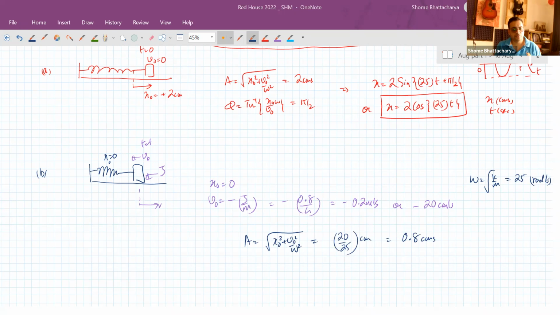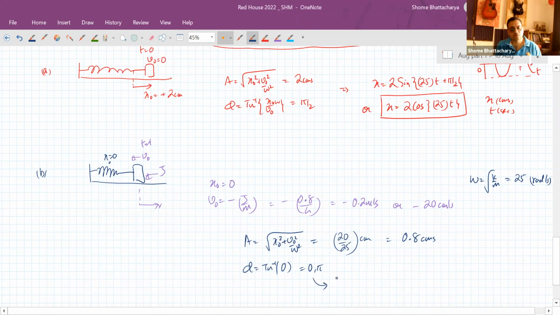And the phase constant becomes tan inverse of 0, which could be either 0 or pi, but in this case, v naught is negative and x naught is 0, which means that cos phi should be negative and sin phi should be 0, which means that phi should be pi.